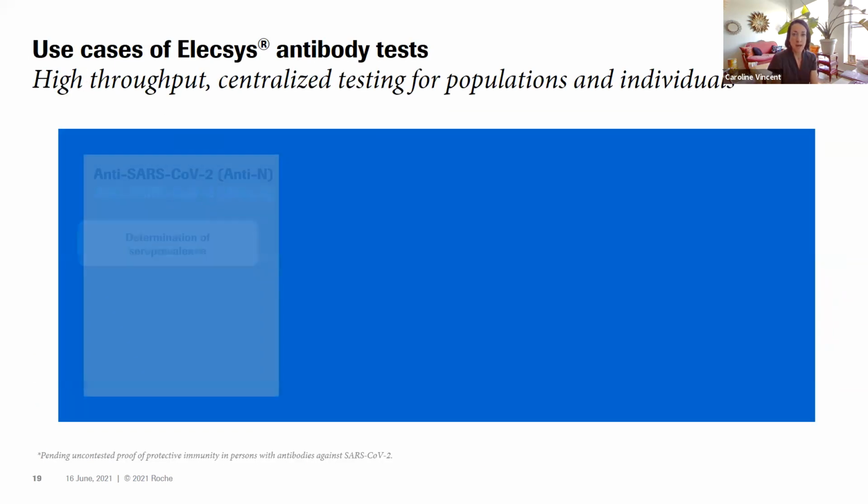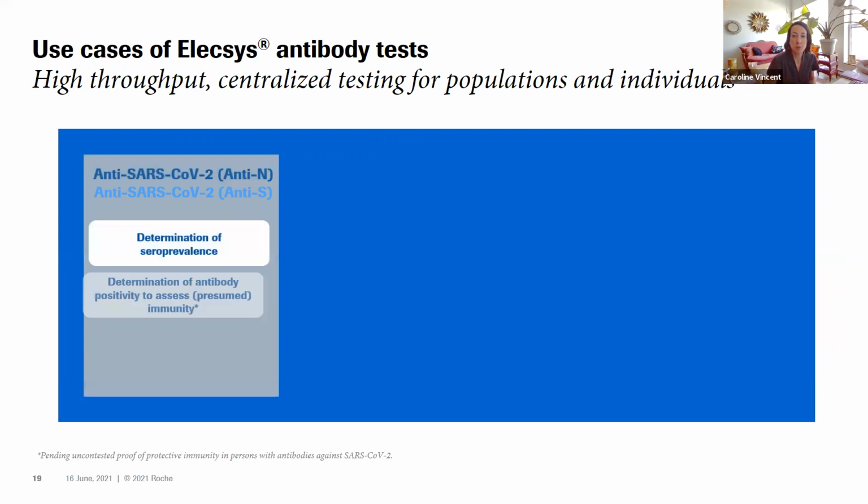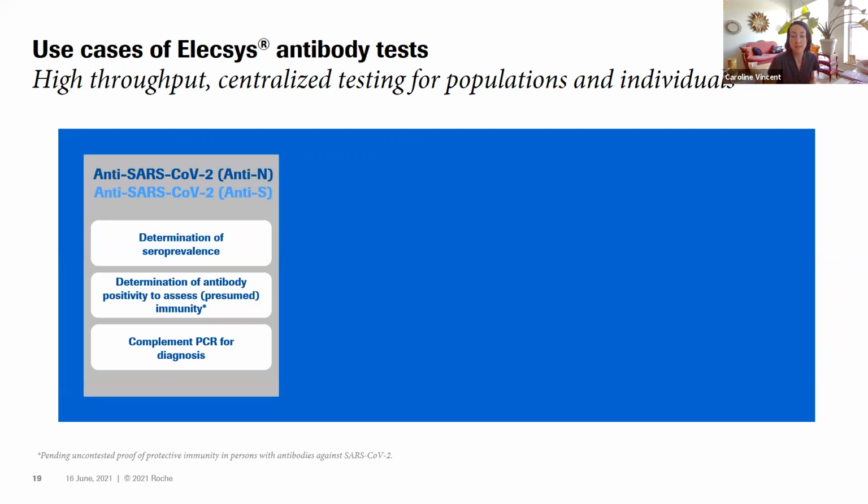So this slide here shows some of the use cases for the anti-N or anti-S antibody assays. There are different applications, of course, for the use of antibody tests. We can use either of these assays to look at seroprevalence in the population.